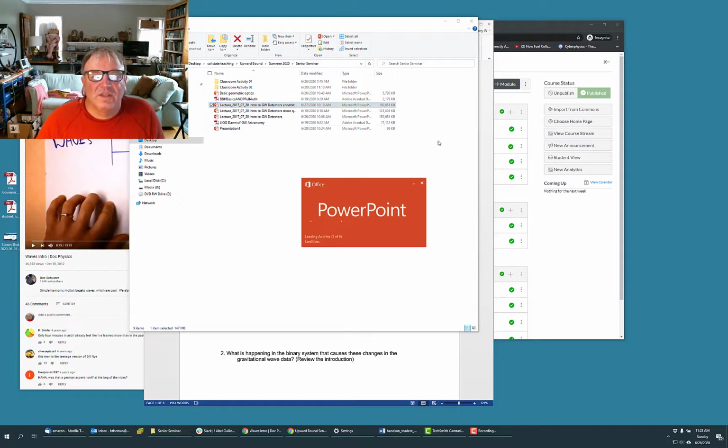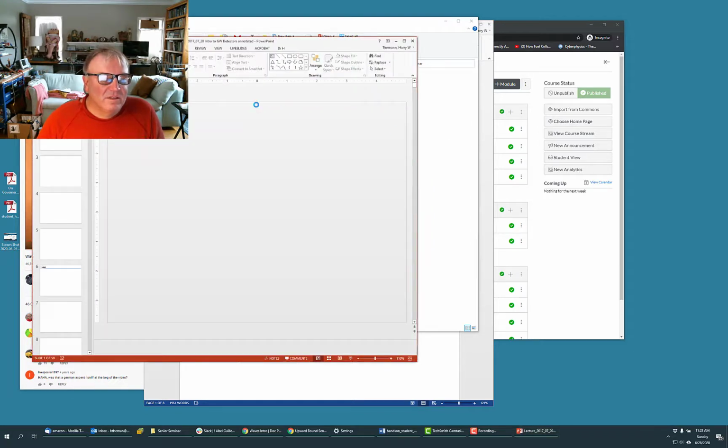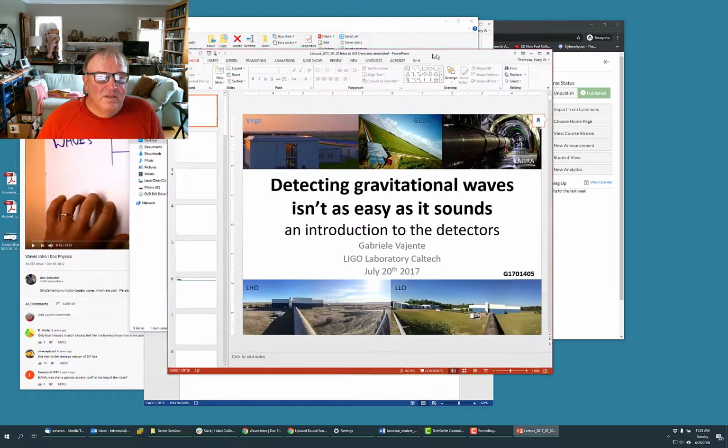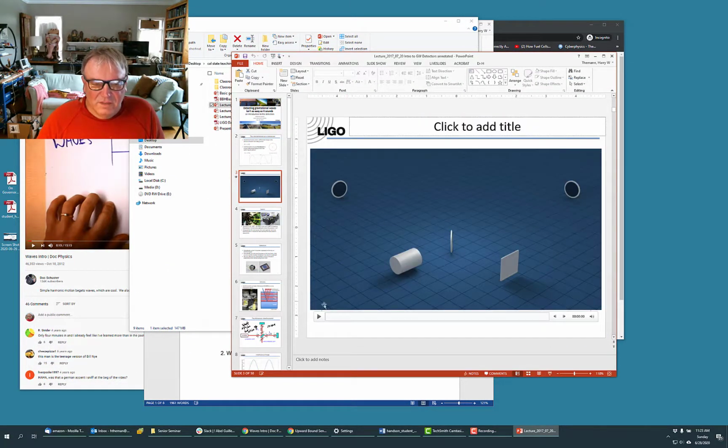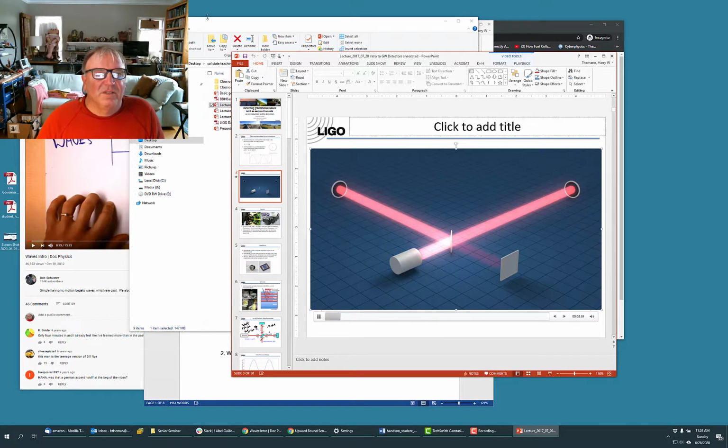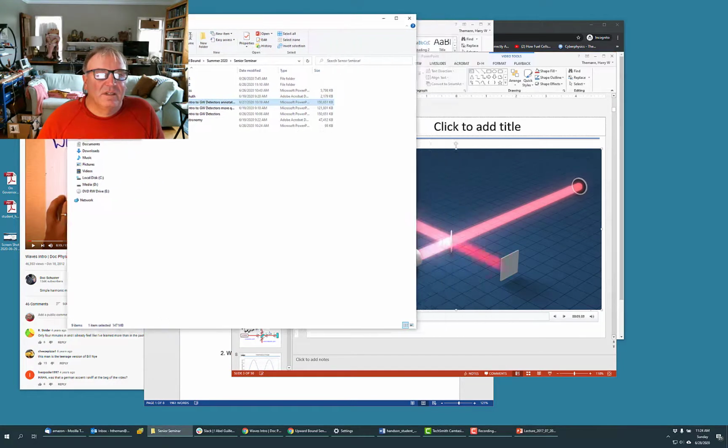This is the one we were looking at. Yeah, it gets huge all of a sudden when I put annotations into it, I think. But remember the operation of the interferometer.